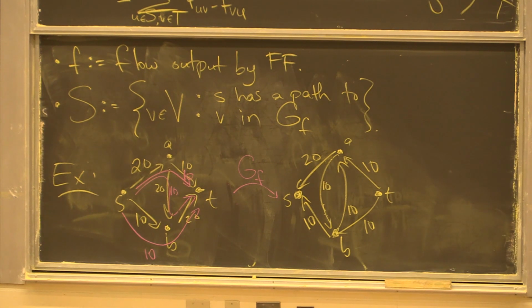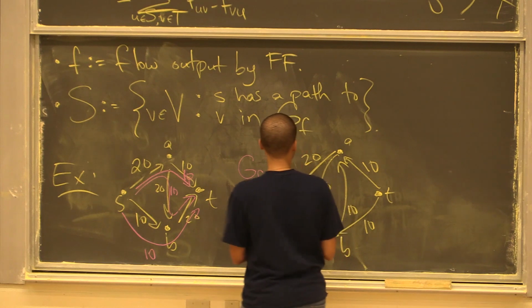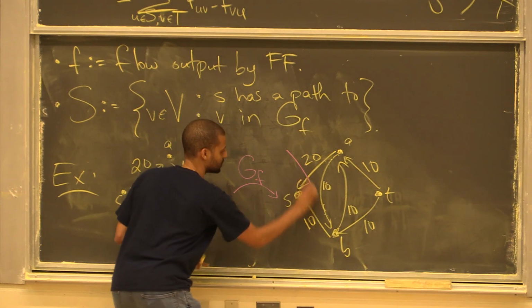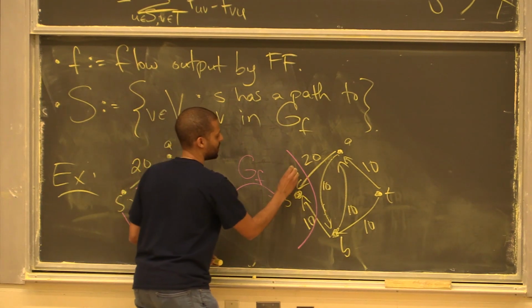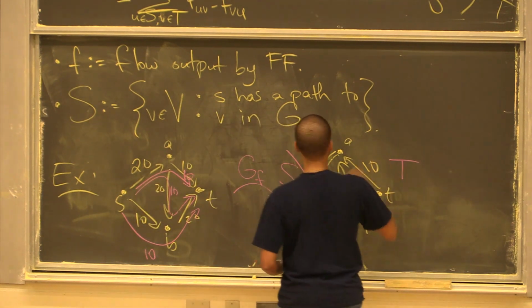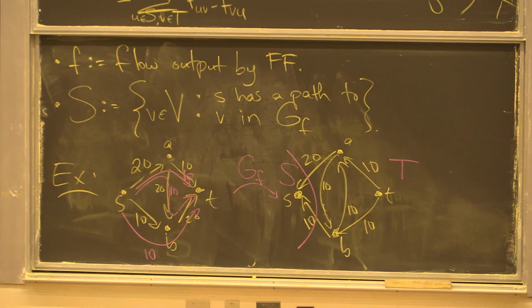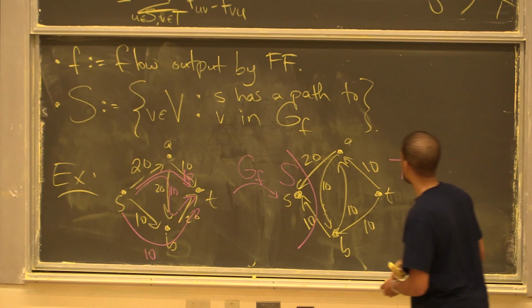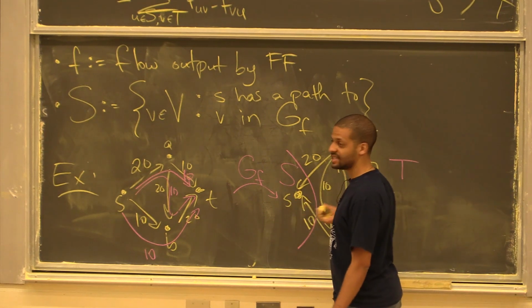What can little s reach in this graph? Nothing, other than itself. So in this example, this is the S side, and this is the T side. And lo and behold, what's the capacity of this S-T cut?